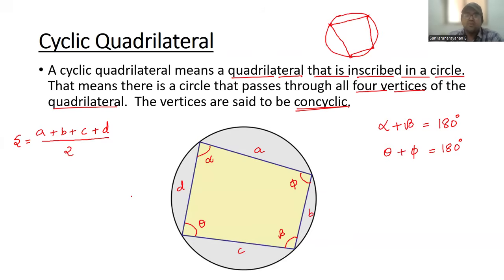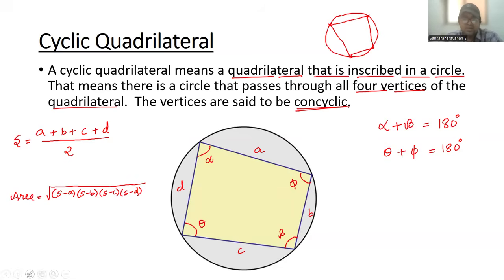Okay. So now, if you want to find the area of the cyclic quadrilateral, you can use this formula. Area will be equal to the root of S minus A, multiplied with S minus B, multiplied with S minus C, multiplied with S minus D. Please note S is the semi-perimeter. A, B, C, D are the four sides.